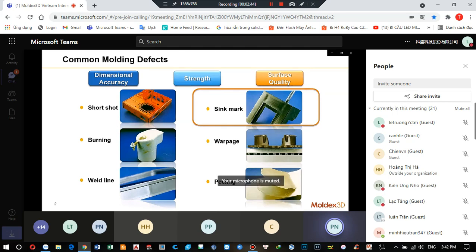We call this kind of defect a seam mark. In today's webinar, we will talk about what kind of root cause will cause the seam marks, and we will also talk about how to deal with seam marks. And the most important part is we will also show you several examples of how to deal with seam marks by using Mordex 3D.